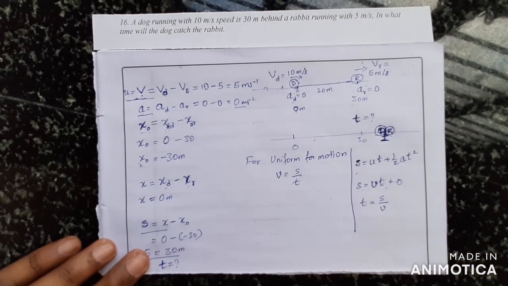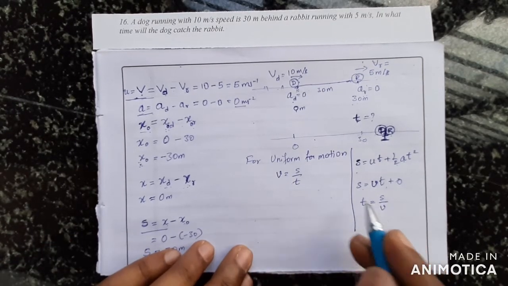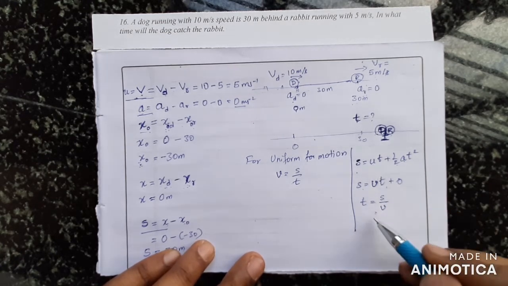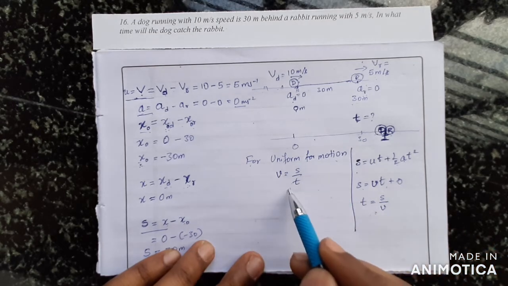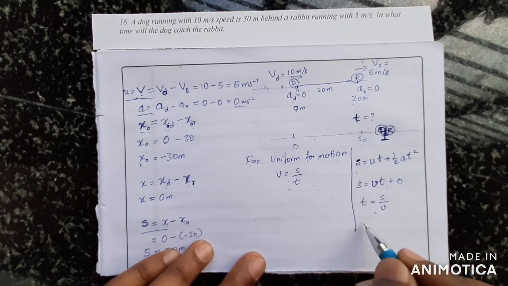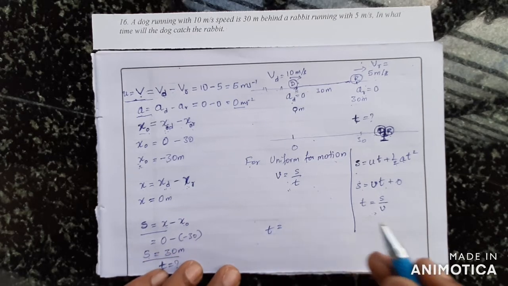And now what we have here is the same formula again. But what we need is t, so we come to this formula. You can start with this and end at this point, or you can write this and come to this formula directly. Both the methods are right. So from both the formulas, t becomes equal to s by v.